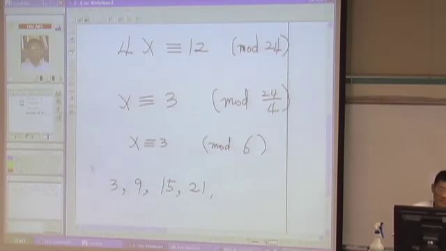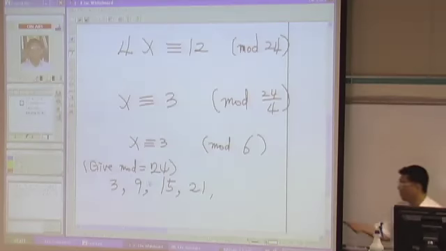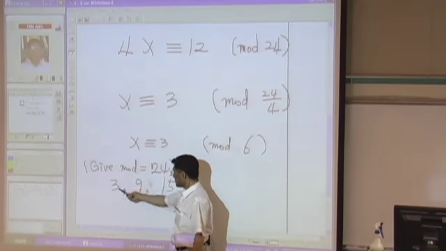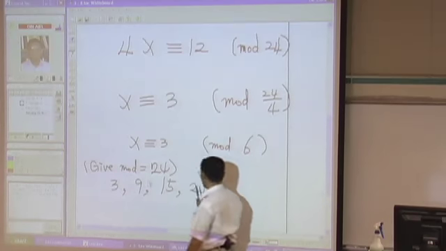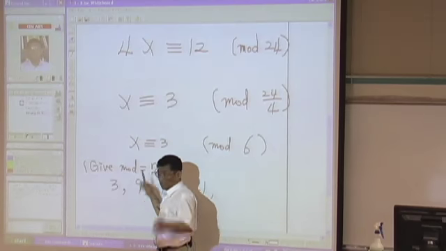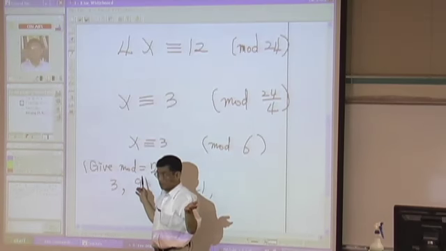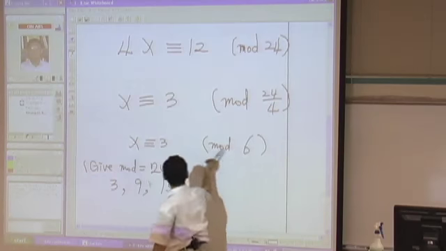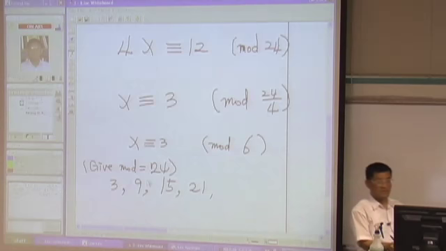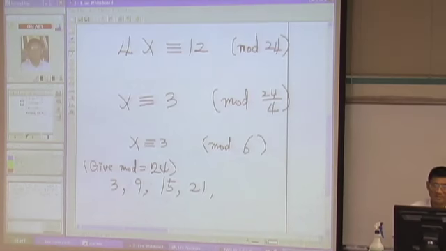If we use the given modulus 24, all of these are different. With mod 6, 3 is congruent to 9, 15, and 21. All of these are congruent in mod 6, but with mod 24, 3 and 9 are not congruent. So with mod 6, it is this one, and using this, we get these numbers. These are the numbers that you can find.